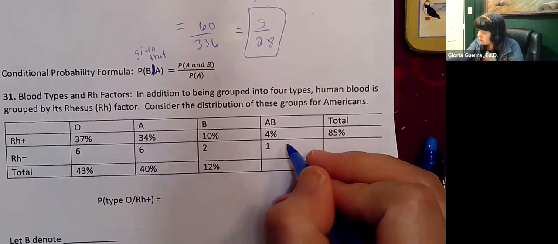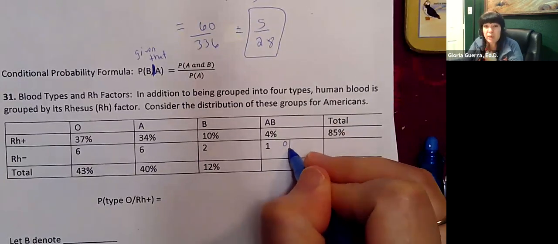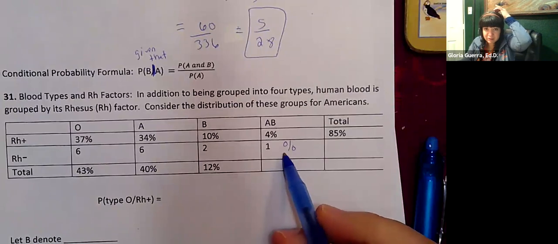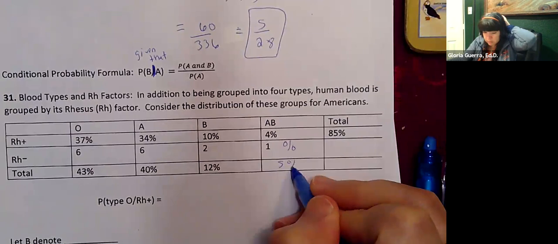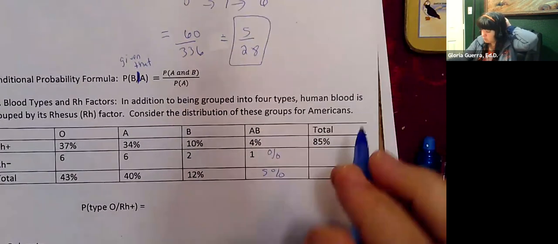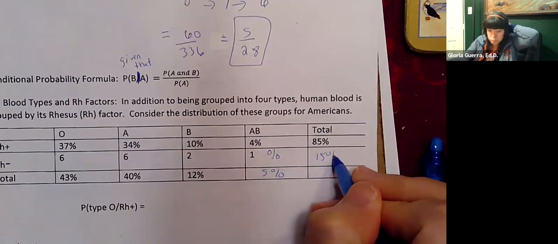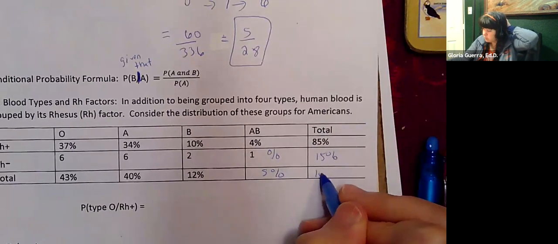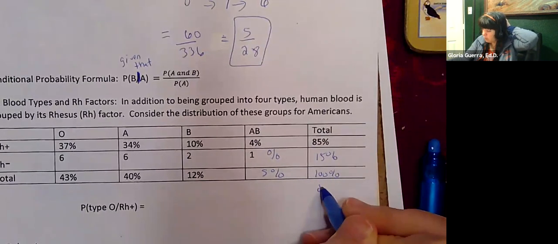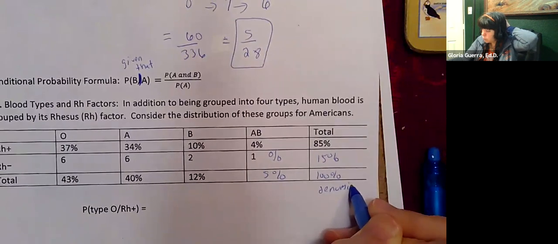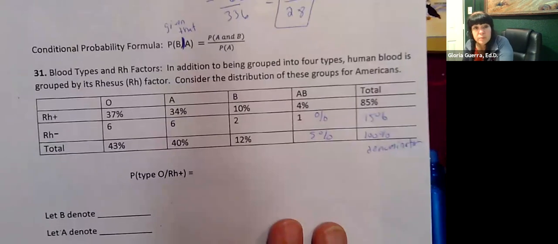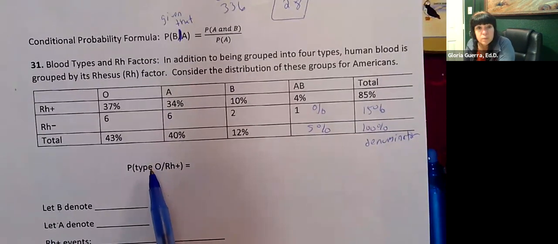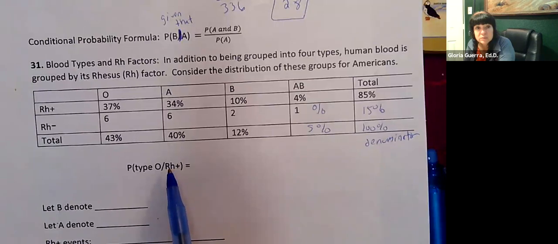So I think this is exactly how I typed it from the ebook. I think they made a mistake. I think they should have put a percent here, but this should have been 5%. This should have been here 15%. This should have been 100%. That's your denominator. And they want the probability that you have type O blood given a rhesus plus.